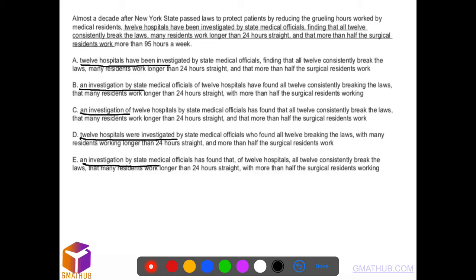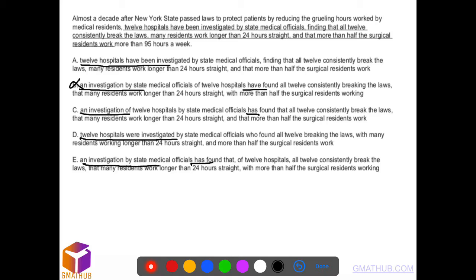An investigation have found out is wrong, an investigation has found out is right. Okay, so now what have they found out?